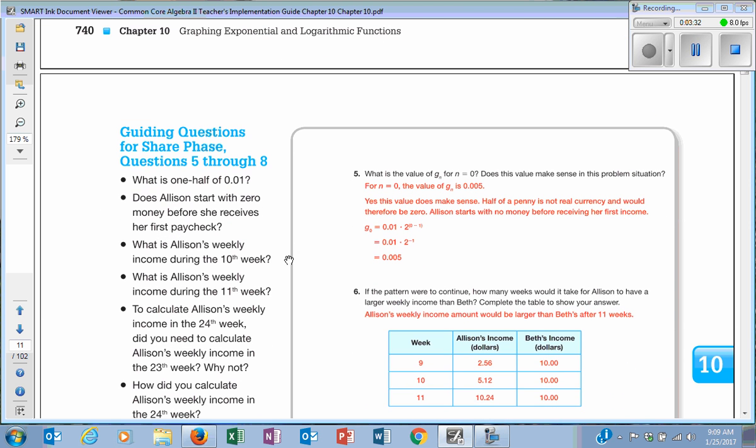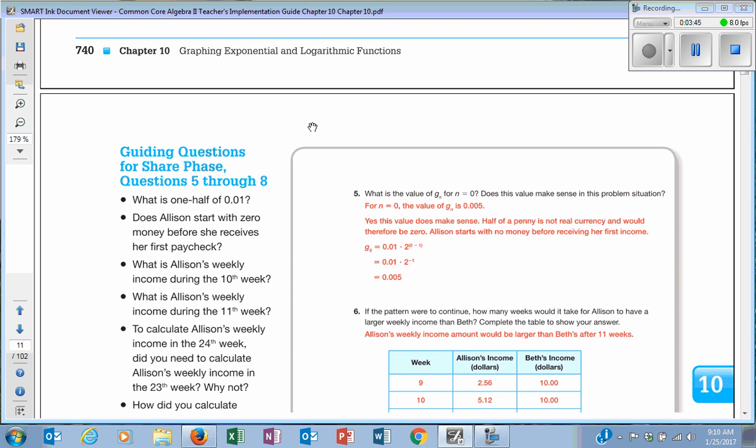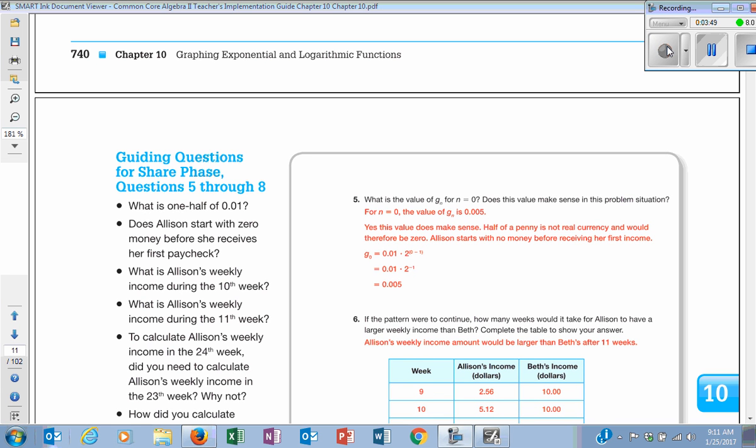And if you look, it says what is the value if you put in 0. So if you put 0 in, remember what happens when you take 2 to the negative first power. When you have a negative power, it sends it down, so it becomes 1 over 2 to the first power, which is really 1/2.